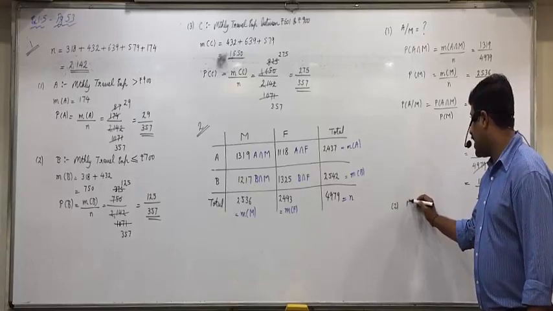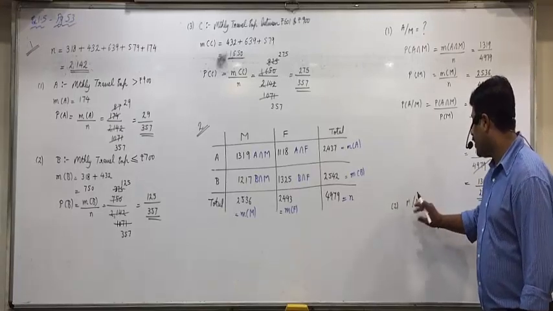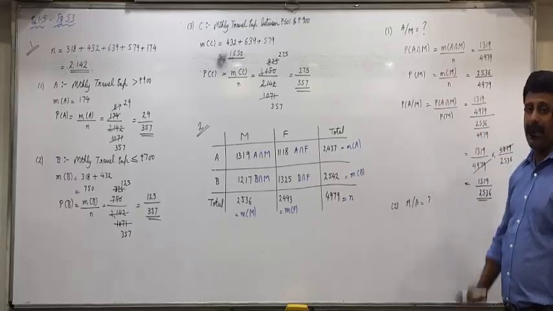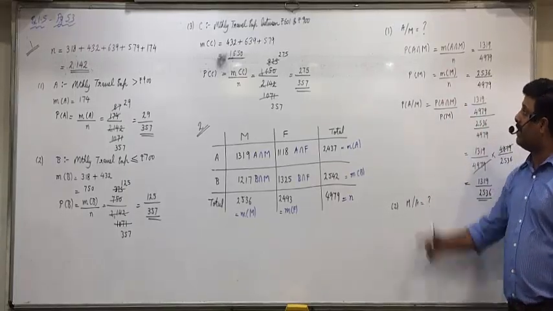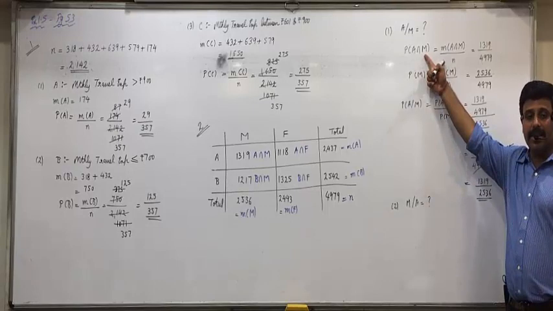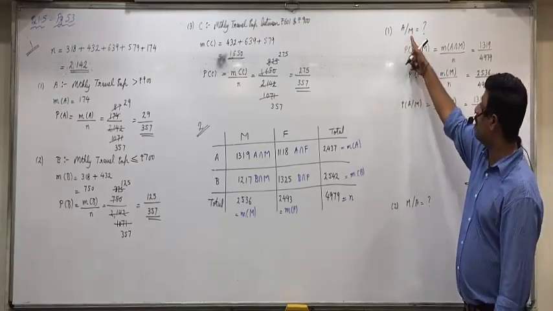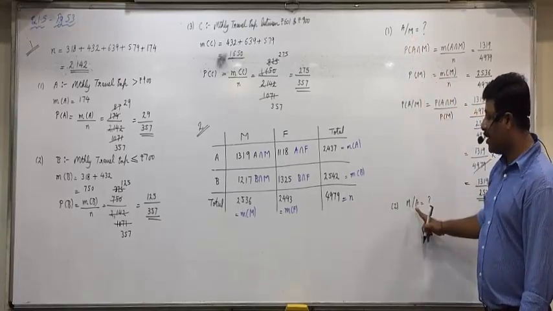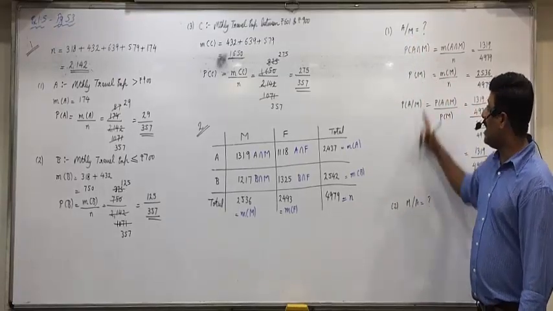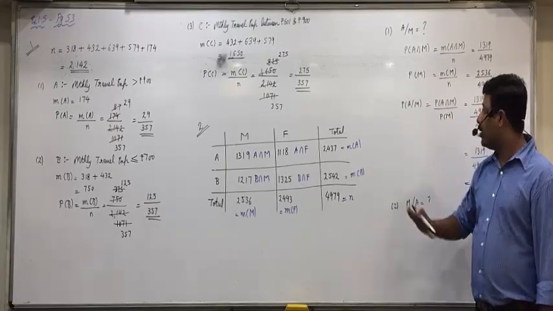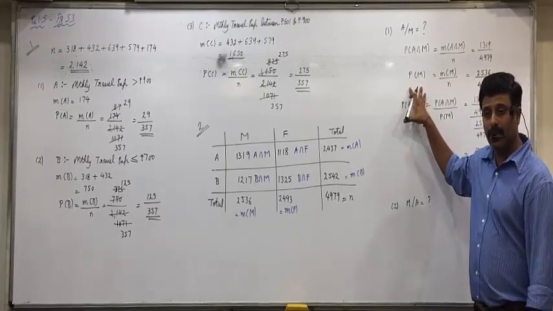M slash A. Now tell me, M slash A. The numerator will remain same, A slash M or M slash A. Numerator will be A intersection M, which we have already obtained. And denominator is denominator. Like here denominator was M, here denominator will be A. So A intersection M we already have. What is the only additional thing we have to find? P of A. Then we can answer the question.